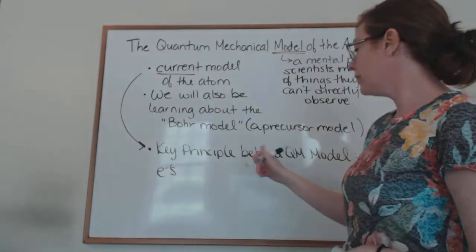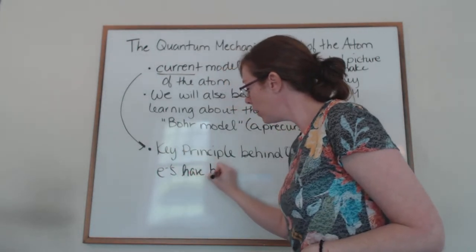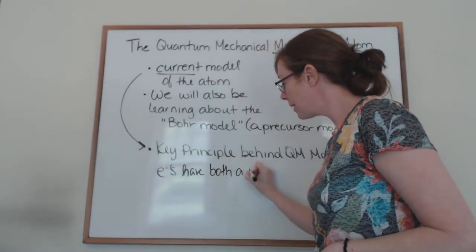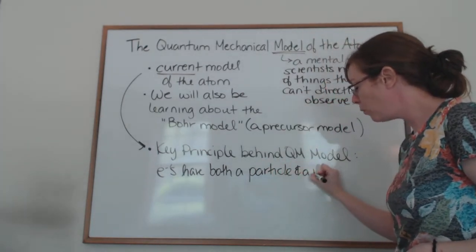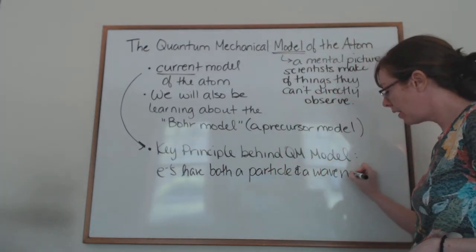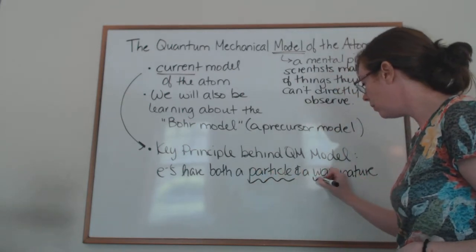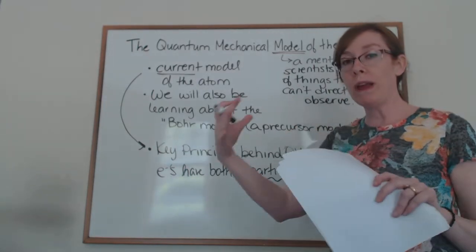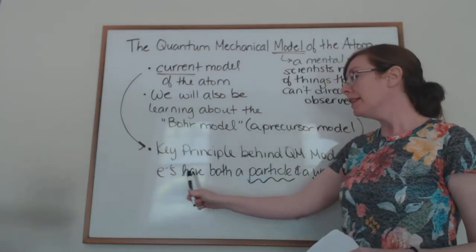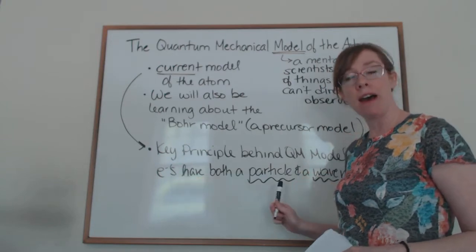The key principle behind the quantum mechanical model is that electrons have both a particle and a wave nature. All right, so there's some physics going on here. Particle and wave nature. Maybe you've heard about the concept of wave-particle duality before. This is something that electrons are known to have.